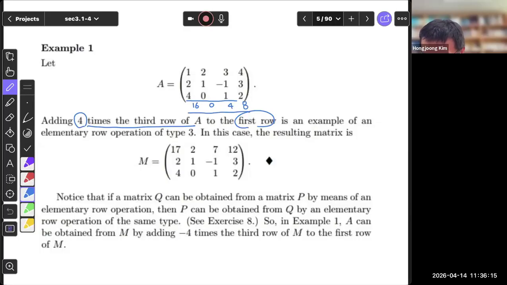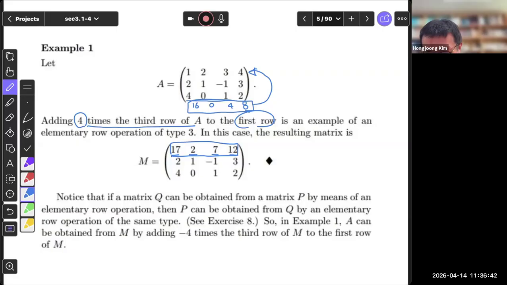So you add these numbers to the first row entries. Then 1 plus 16 is 17, and 2 plus 0 is 2, and 3 plus 4 is 7, and 4 plus 8 is 12. So only the first row is changed, but you do not alter the second or third rows.